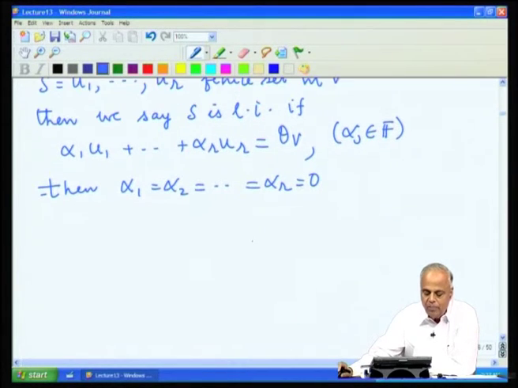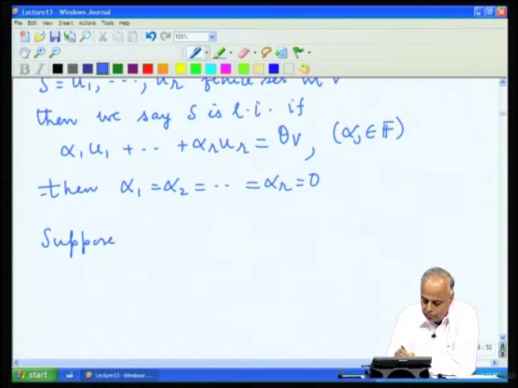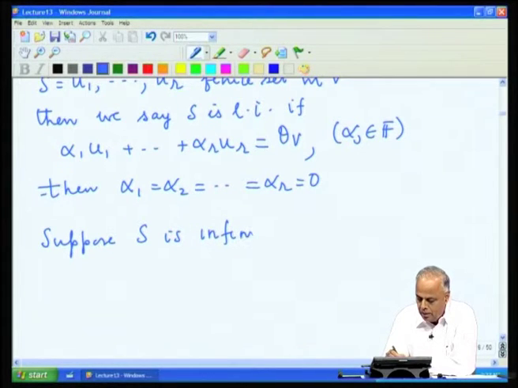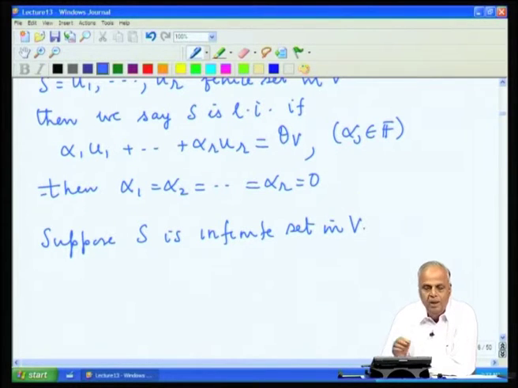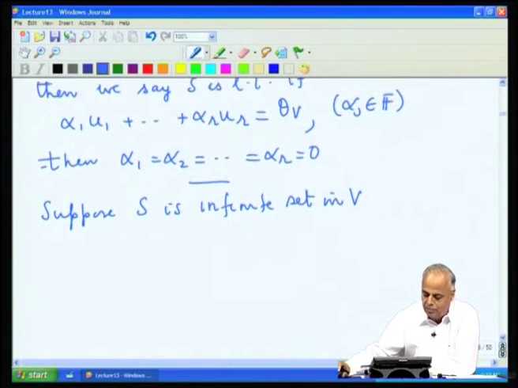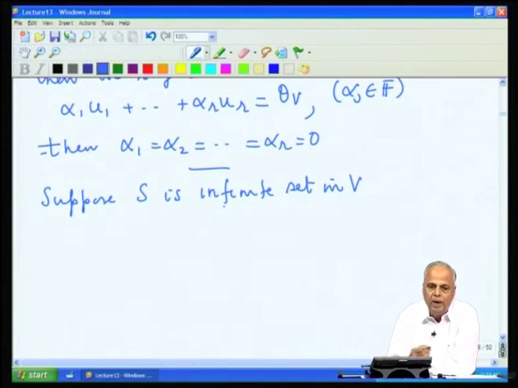Now, when we have an infinite set, how do we define it? Suppose S is an infinite set in the vector space V. What do we do? As before, we resort to picking finite subsets of this. So, if every finite subset of S is linearly independent, then we say S is linearly independent.